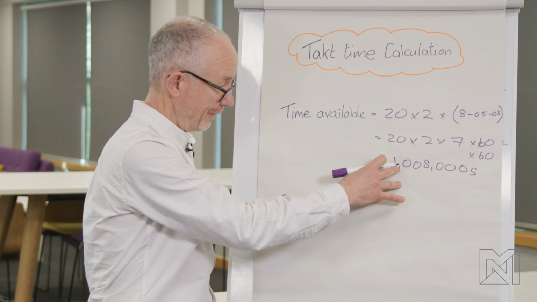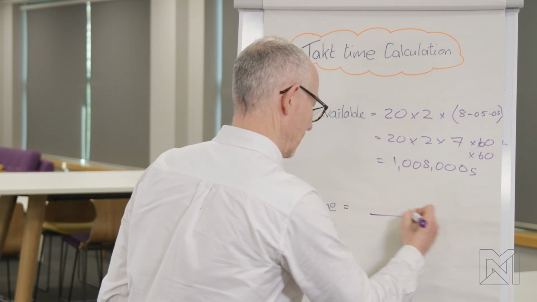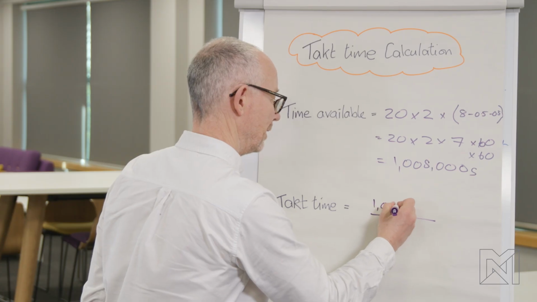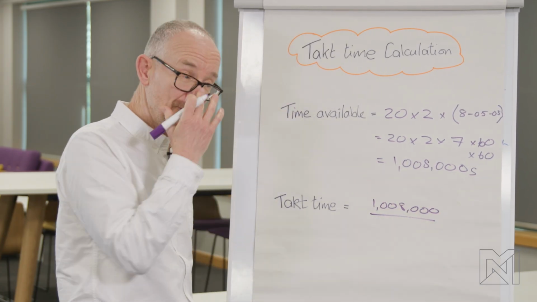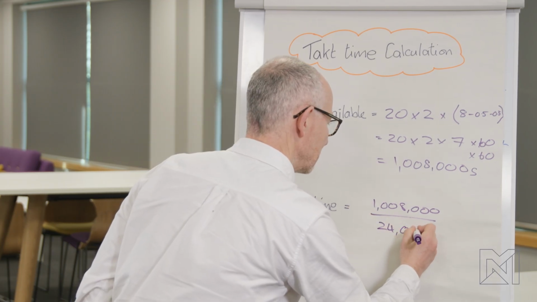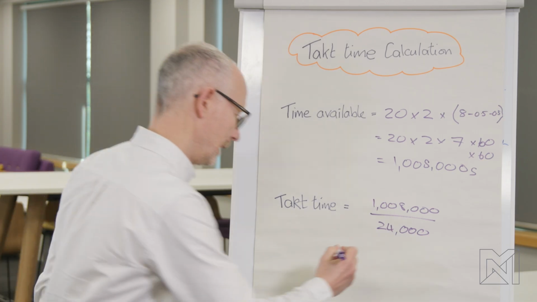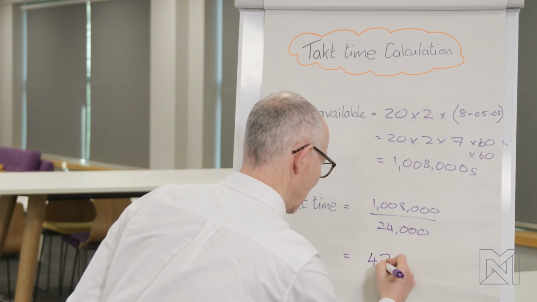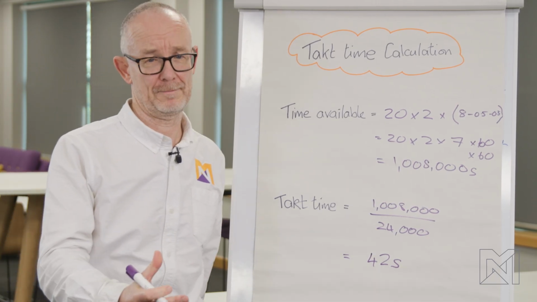So to calculate takt time, I divide the available time by the customer demand. So here goes: 1,008,000 seconds divided by 24,000. And when you divide that through, it turns out that the takt time in this case is 42 seconds.